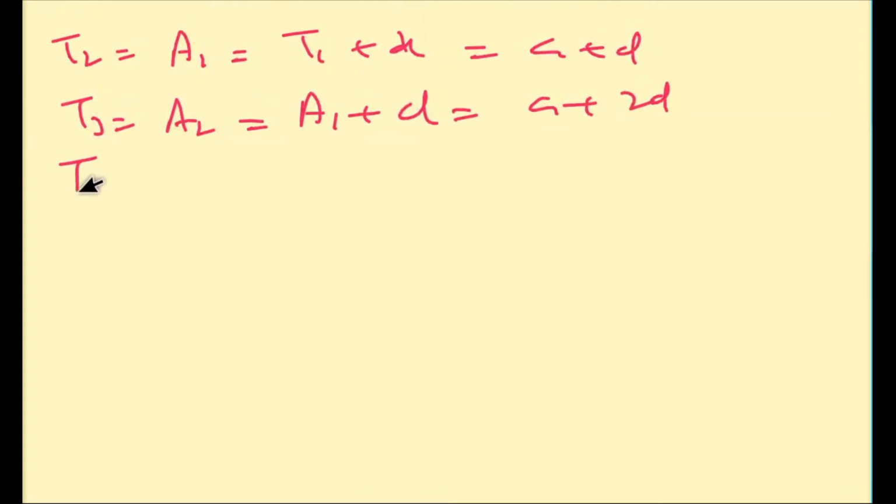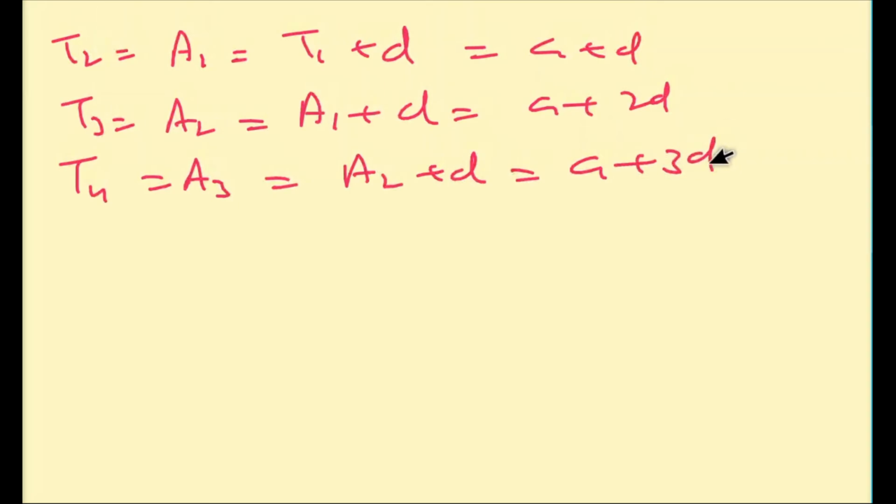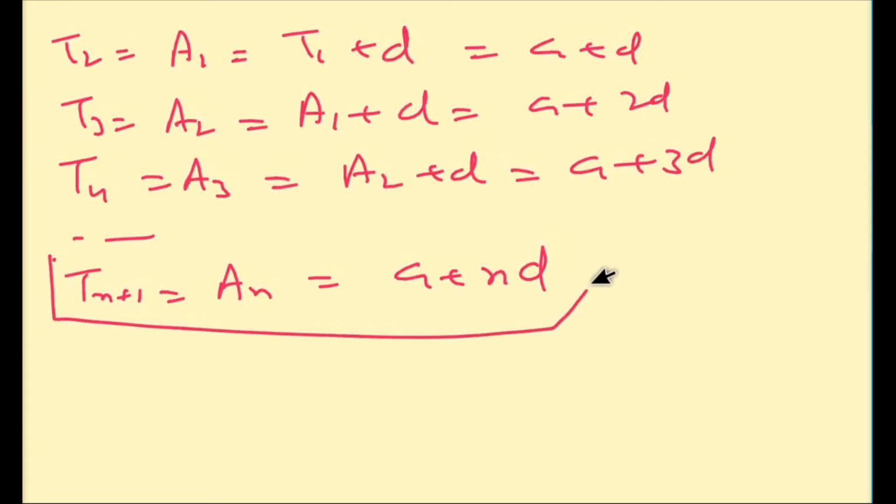And T4 is equal to the third mean, that is A2 plus d, A plus 3d. Similarly, the nth arithmetic mean will be A plus nd. So using this formula we can find the term and the arithmetic mean also.